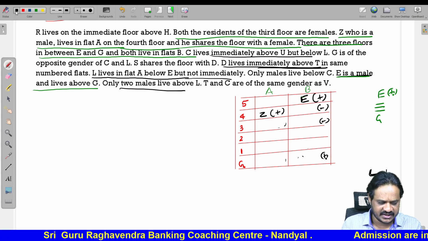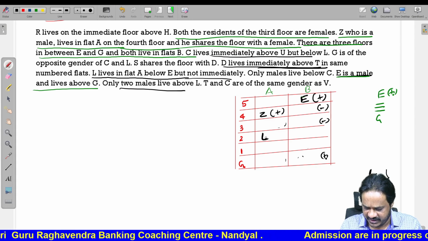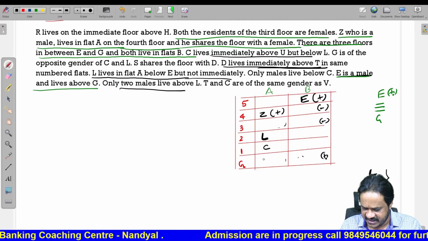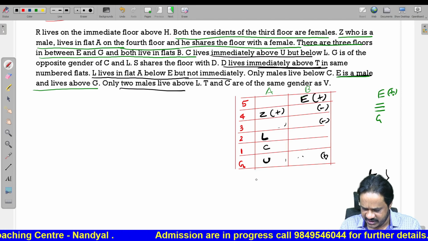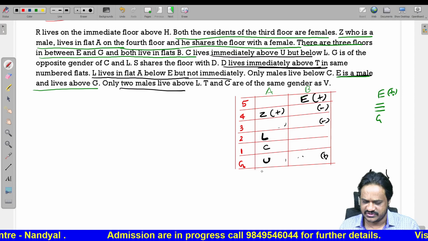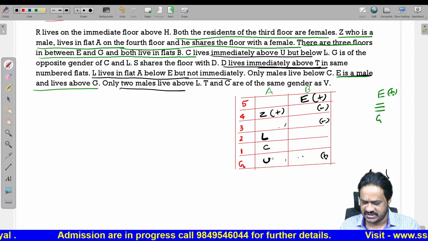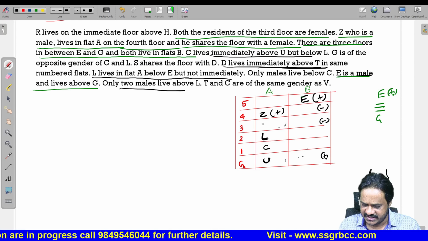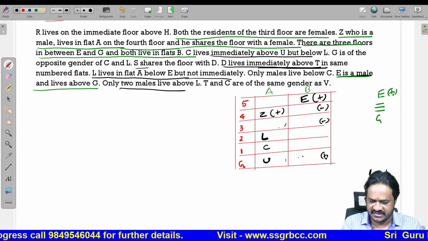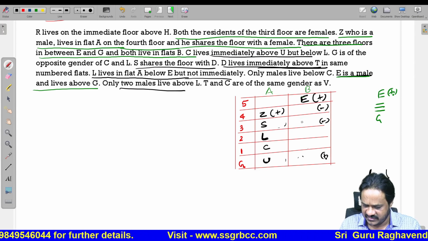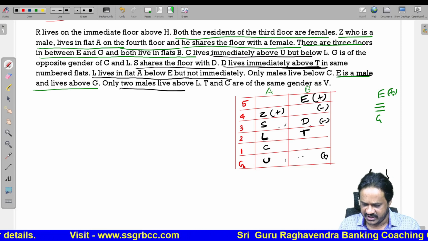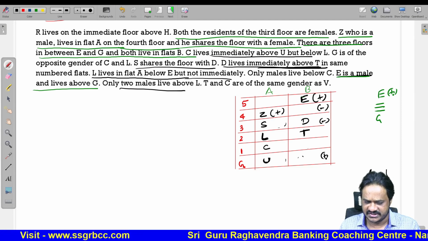If I take L in the 2nd floor, after L there should be C, and after C it should be U. Nothing is mentioned about V. S is sharing the flat with D, and D is living immediately above T in the same numbered flat.